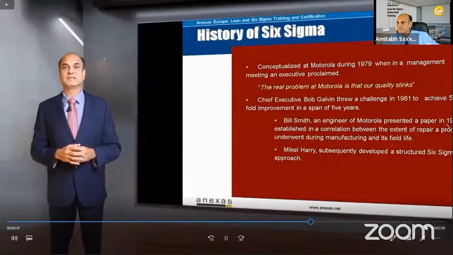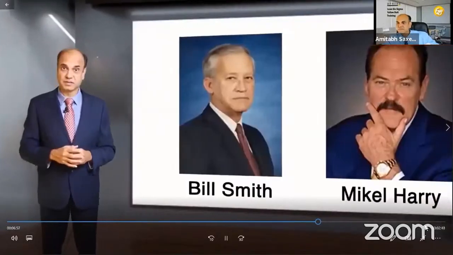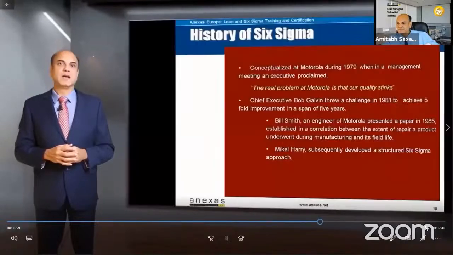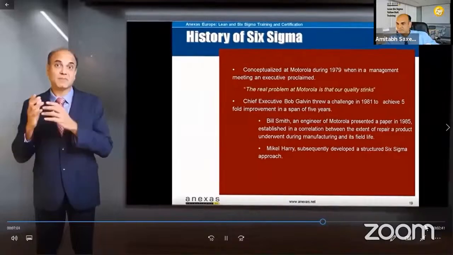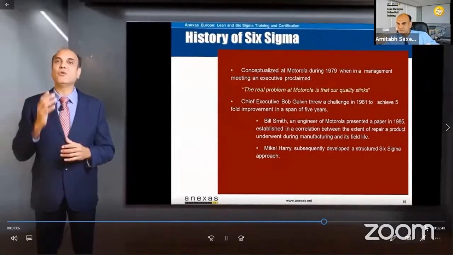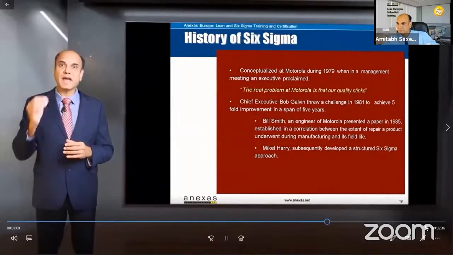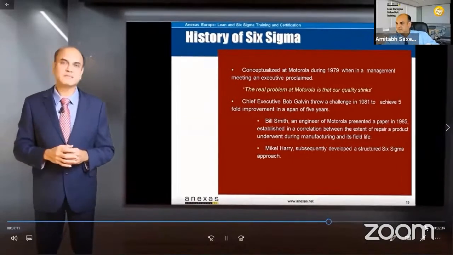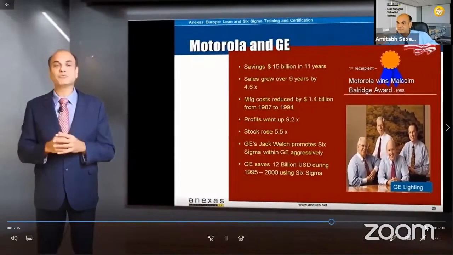He was told about some statistical tools and techniques which Bill Smith and Michael Harry were using to improve the processes. Bob Galvin was so impressed, he told them to develop a methodology which, if applied to the organizational processes, can improve them.